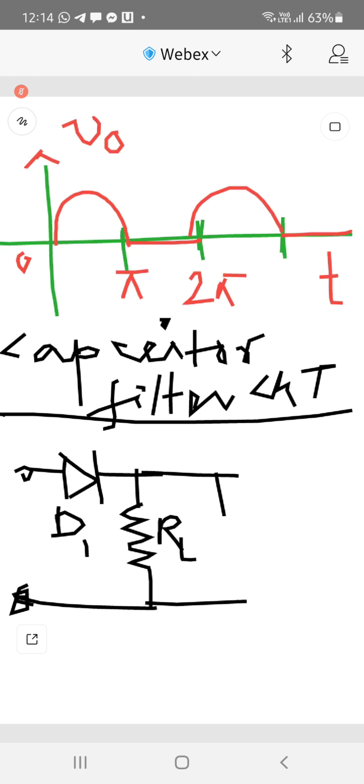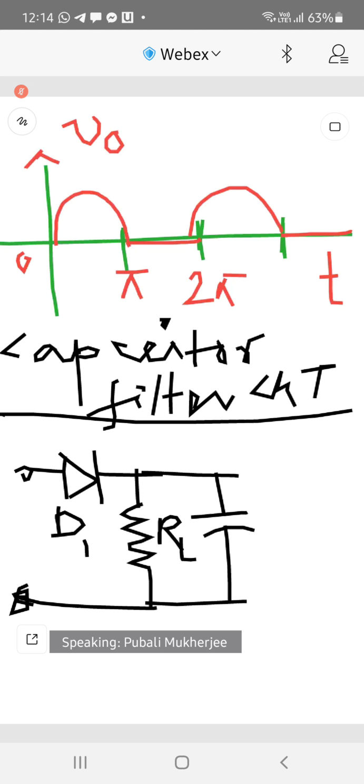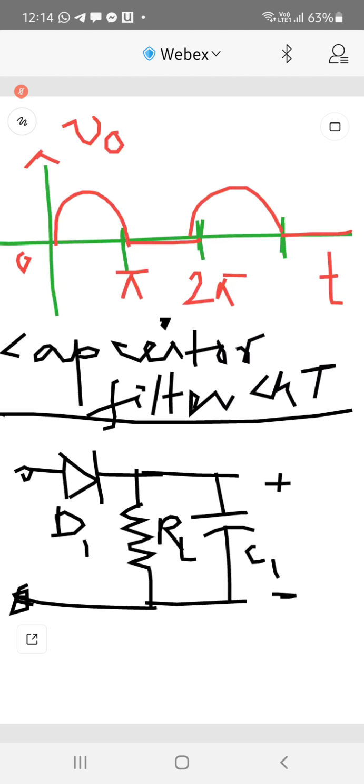Why? I'll tell you. We use a capacitor, say C1, and the voltage across the capacitor is taken as VC.